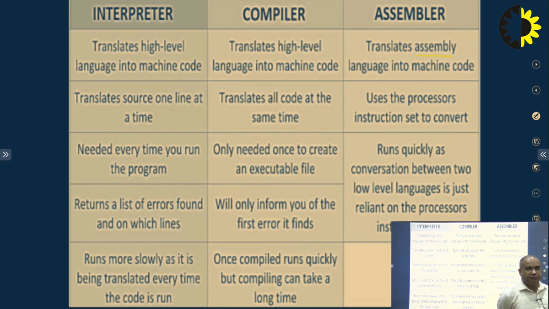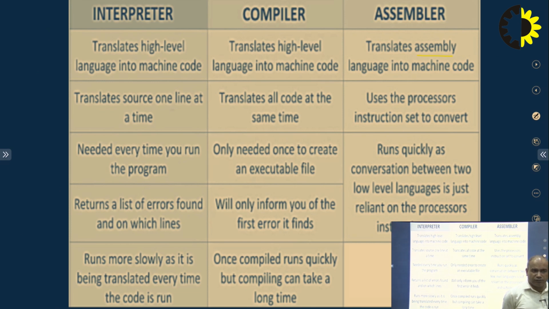The interpreter is needed every time we run the program, while in the case of the compiler, it is only needed once to create the executable files. If I talk about the assembler, it runs quickly as conversion between two low level languages relies just on the processor instruction set.